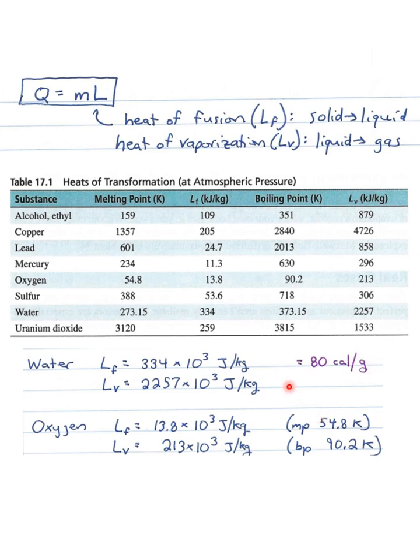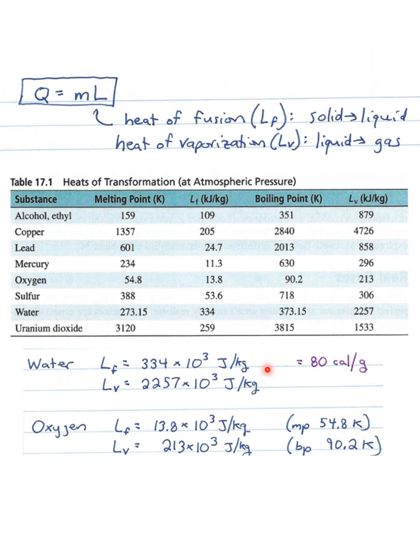If you look down at the bottom of the chart, one that we'll be using frequently because it comes up a lot in practical application is water. In the third column, it says the heat of fusion, so the heat to melt it is 334 kilojoules per kilogram. But most likely in our calculations, we'll be needing joules for those MKS units. So 334 times 10 to the third joules per kilogram, which by the way is 80 calories per gram.